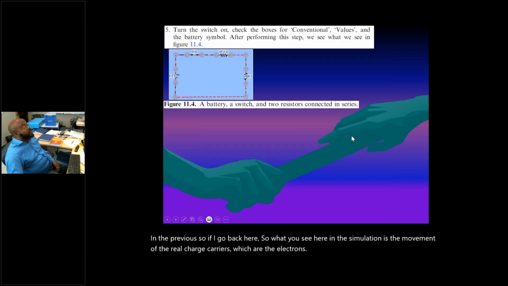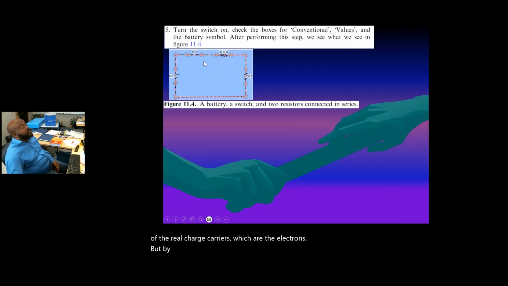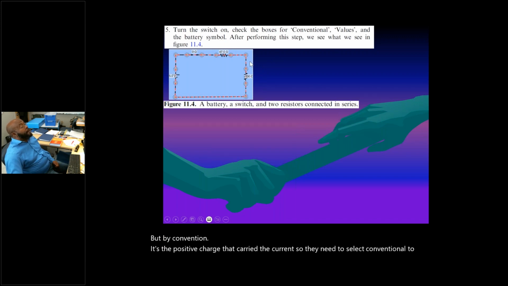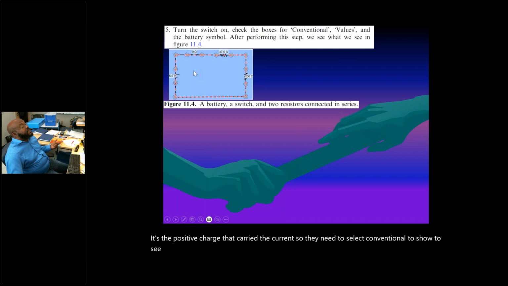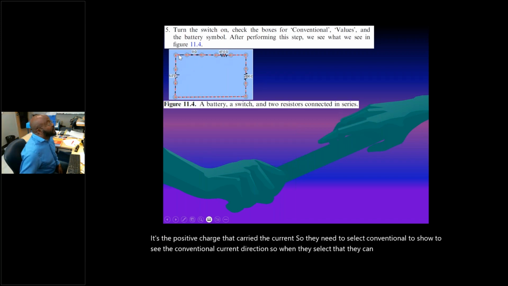But by convention, it's the positive charge that carries the current. So they need to select conventional to see the conventional current direction. When they select that, they can see that the current is moving in a clockwise direction.